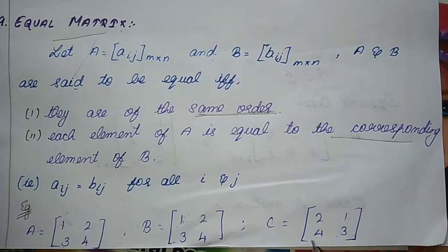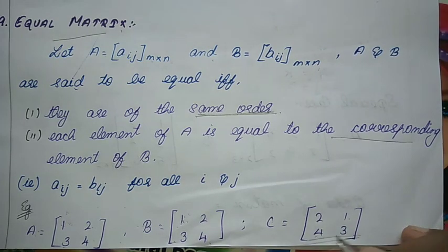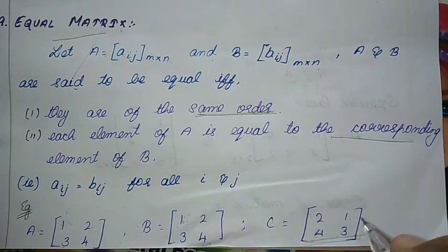For equal matrix, corresponding elements should be equal. If not, it is not equal. Every element is present over here, all the entries are the same, but the position is not the same. Therefore they are not equal matrices.